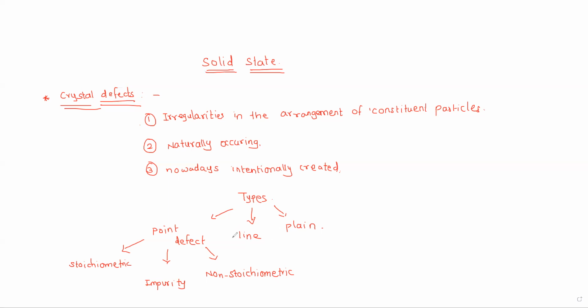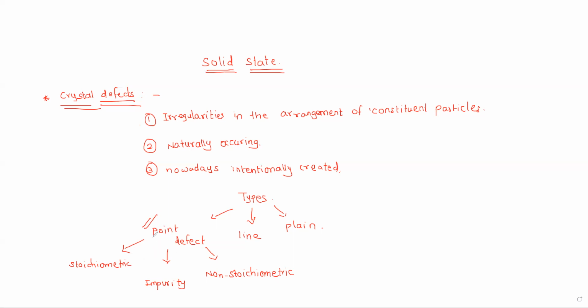A defect of a line in a solid crystal is line defect, and regarding a plane or surface, it is called plane defect. But in the 12th syllabus only point defects are discussed in detail. So we are also going to discuss only point defects in this video.